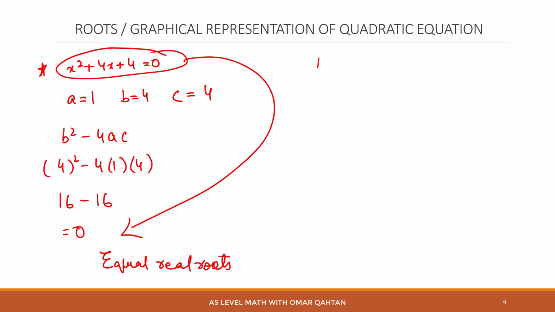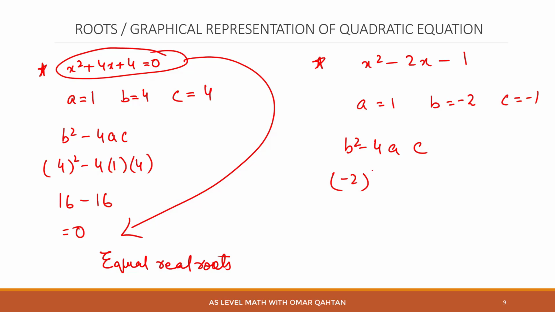Let's check another equation. We have a equals 1, b equals minus 2, c equals minus 1. The formula for the discriminant is b square minus 4ac.